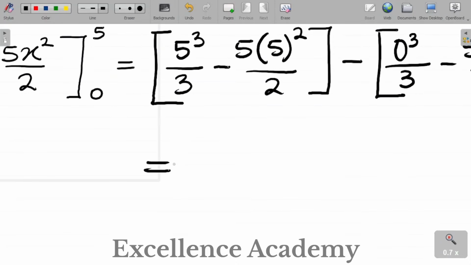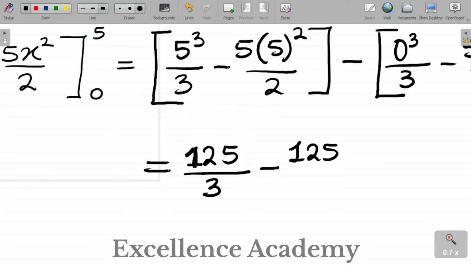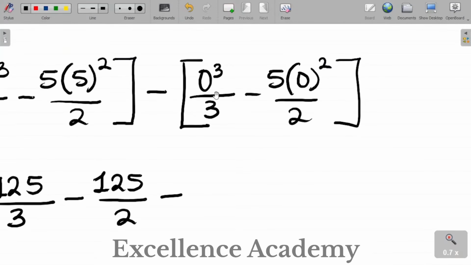This is equal to, I'll get my calculator and punch the value of 5 cubed all over 3. 5 cubed is 125. 125 all over 3 minus 5 times 5 squared, which is 5 cubed, that's 125 all over 2, minus, for this we don't have to stress, 0 cubed is 0 over 3, and 0 squared is 0 times 5 is 0 over 2.